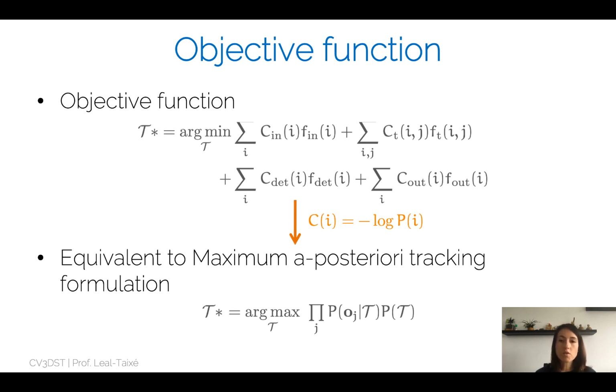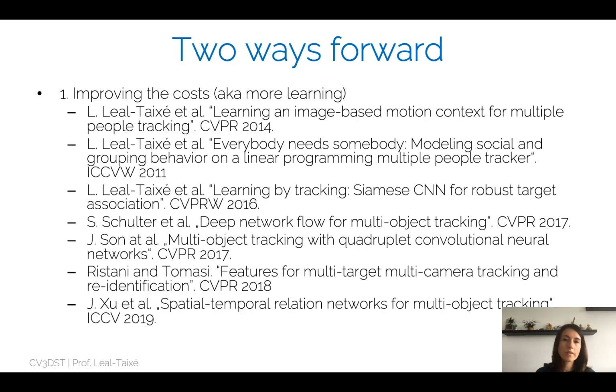Some of you, if you have taken a tracking lecture, might be familiar with the MAP formulation for tracking. You can find a nice mapping between our linear program formulation and the MAP formulation by just taking the negative logarithm of the probability of the MAP formulation. So essentially, there is a nice correspondence between the two formulations.